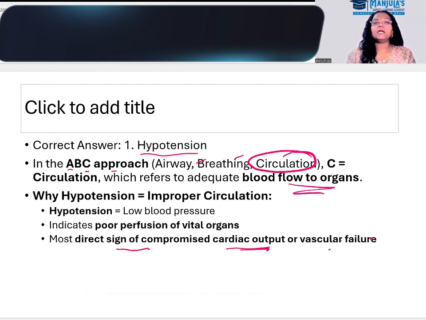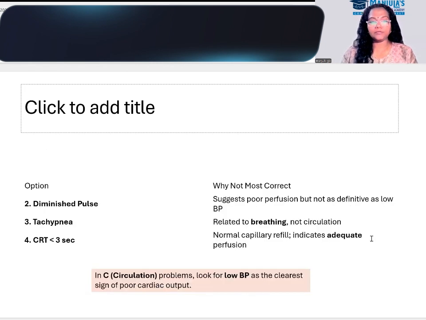When your heart is not able to pump effectively, or when the cardiac output is compromised, then you get low blood pressure, or hypotension, and that will reduce the circulation to the vital organs. So the answer is hypotension.